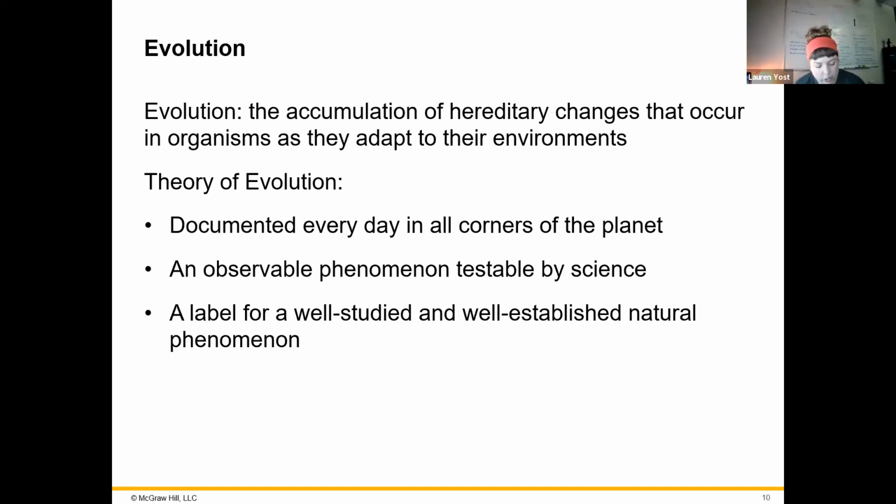So what is evolution? We talk about evolution and how eukaryotes evolved from prokaryotes. Evolution has to do with the accumulation of hereditary changes that occur in an organism to adapt to their environment. So just because you had this new idea to try this new thing and it worked out to give you a better life, if it's not hereditary, who cares?